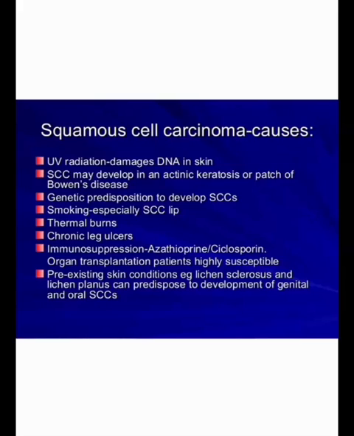Next one, pre-existing skin conditions. For example lichen sclerosus and lichen planus can predispose to the development of genital and oral squamous cell carcinoma. One important thing you have to remember is that squamous cell carcinoma can occur anywhere in the body.